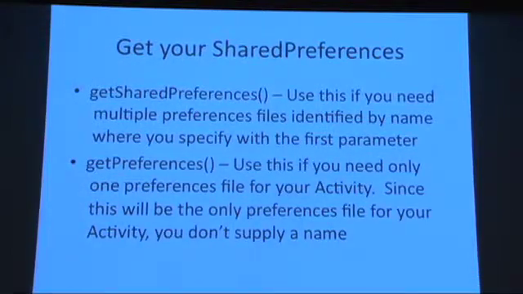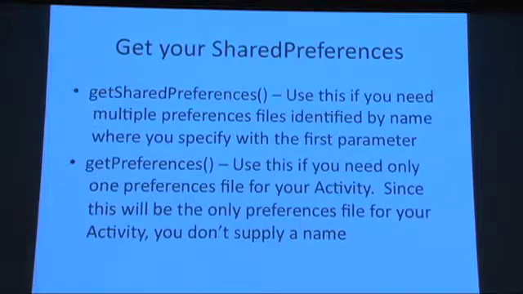To get your shared preferences, you just call the command getSharedPreferences. You can only use this if you need multiple preferences files identified by name. So within that getSharedPreferences function, your parameter would be a file name that you associated with it in another activity or previously.